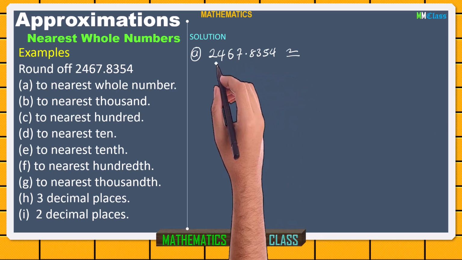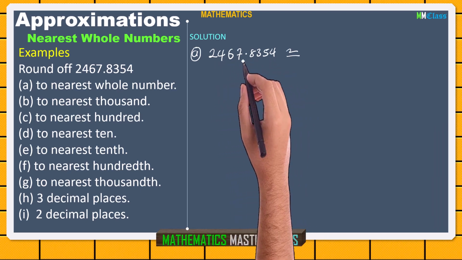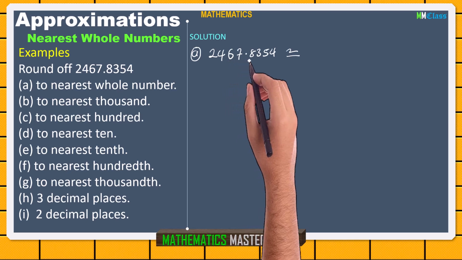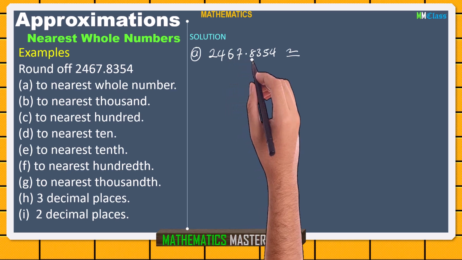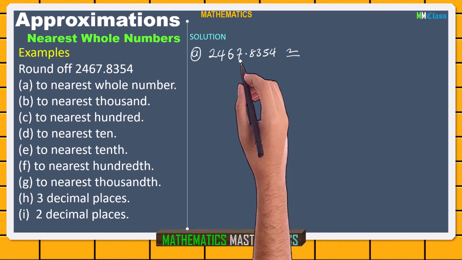So the whole number here is 2467. Now to approximate it to the nearest whole number, we have to consider the first digit after the decimal point, which is 8. Is 8 a number to round up or a number to round down? It is a number to round up. So we remove 1 from 8 and add it to 7.